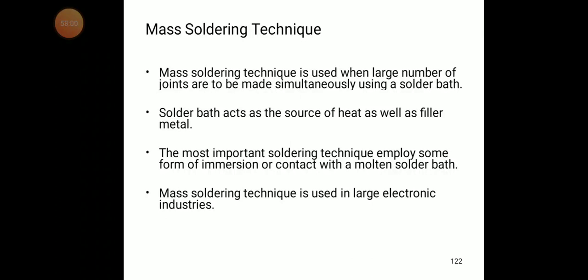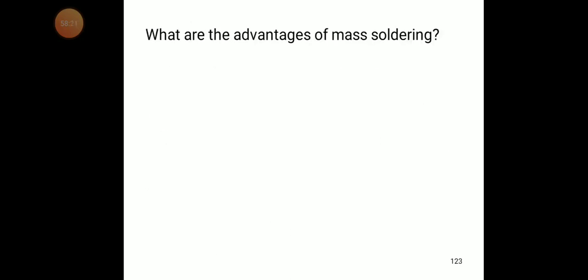The solder bath acts as the source of heat as well as filler metal. The most important soldering technique employs some form of immersion or contact with the molten solder bath. Mass soldering is used in large electronic industries.